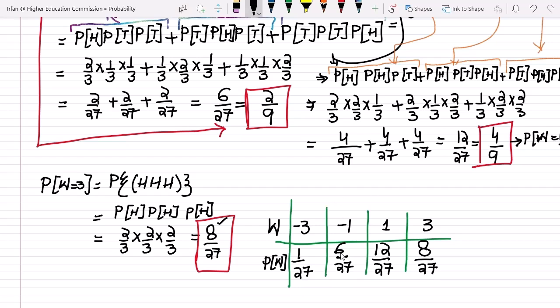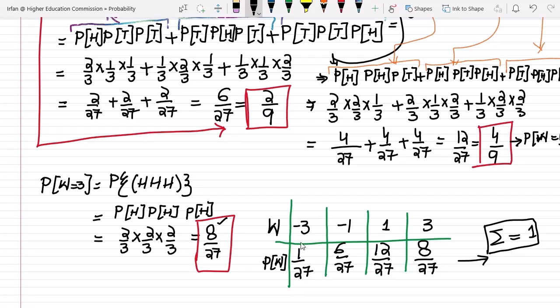Now adding them all together, 1 by 27, 6 by 27, 12 by 27 and 8 by 27, you will see that they give me 1. So this is the basic condition for the probability distribution which we have.